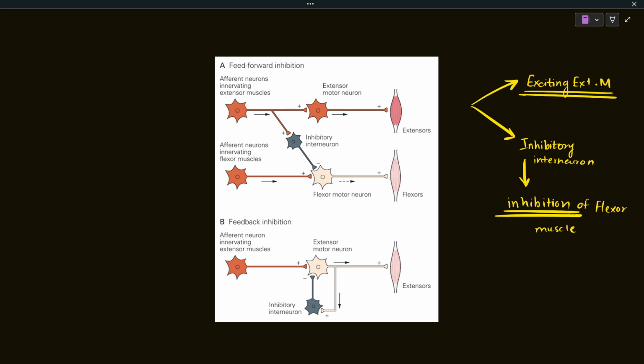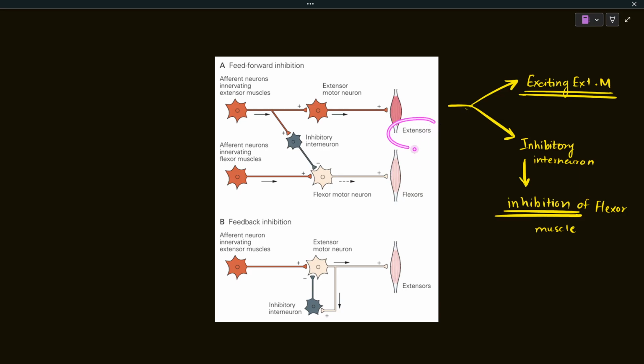Okay, let me give you an example. For a single reflex, both actions, activating the extensor muscle and inhibiting the flexor muscle, are going to result in the same output, right?